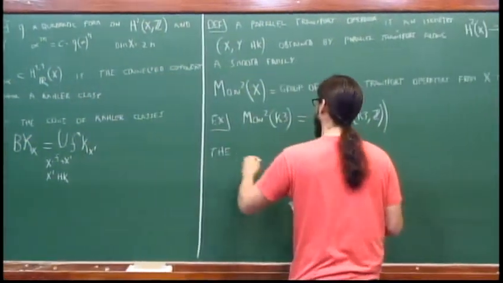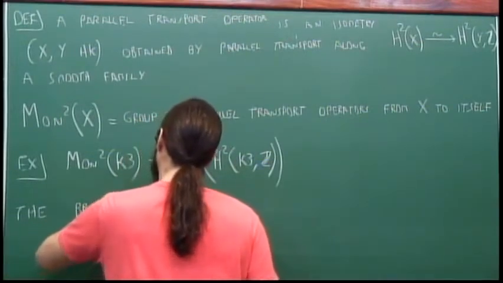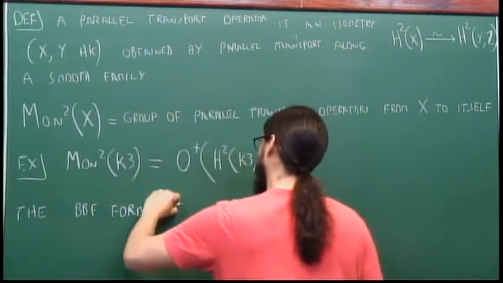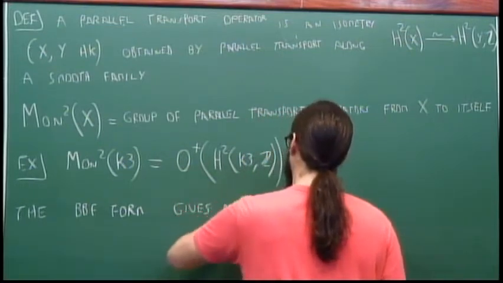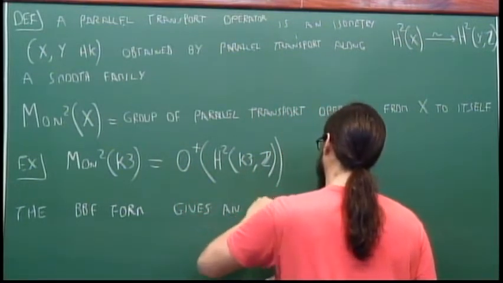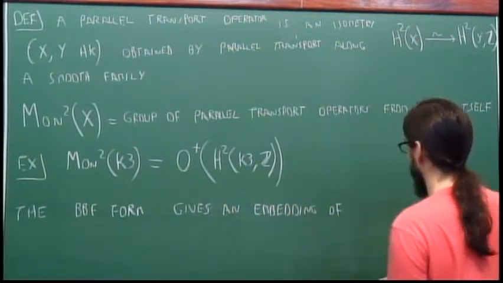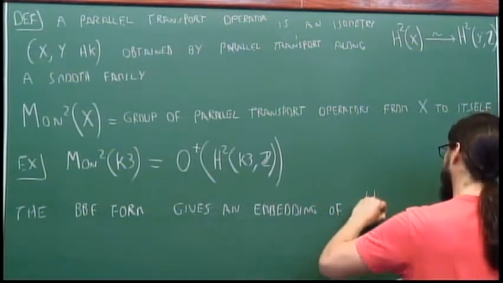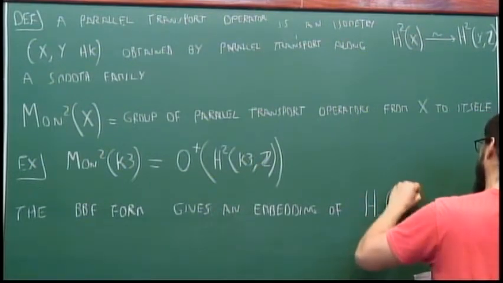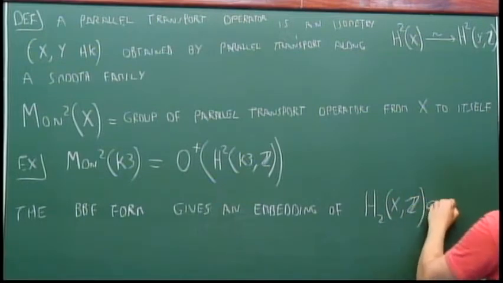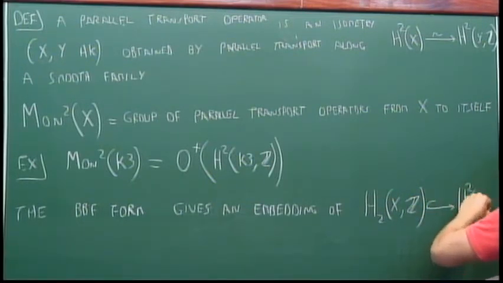So this form gives an embedding of H_2(X,Z) into H^2(X,Q).